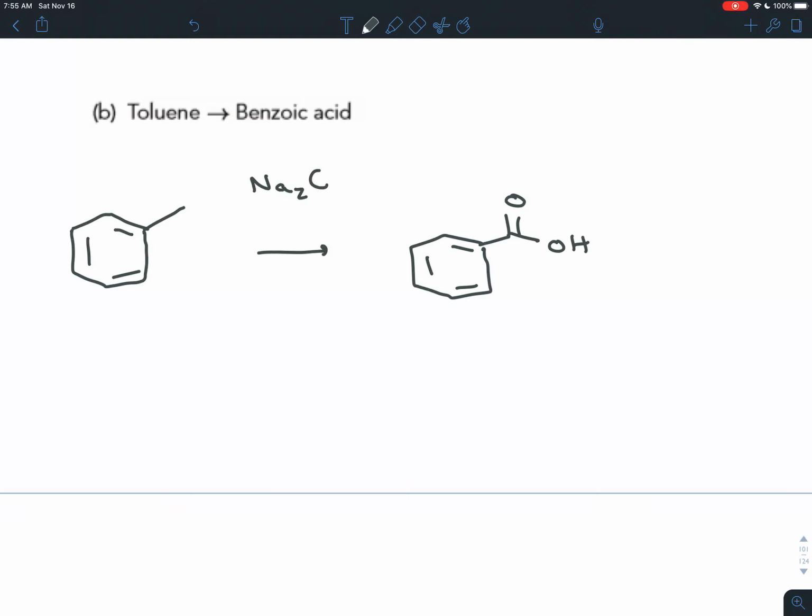So you'd want to use a strong oxidizing agent, and we just saw one, sodium dichromate, Na2Cr2O7. And you'd do that in an acid-water wash, so water and sulfuric acid, H2SO4. And you'll remember that reacts at the benzylic position, which is really reactive.